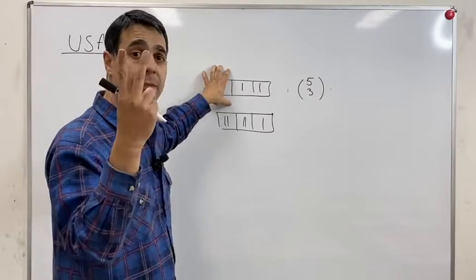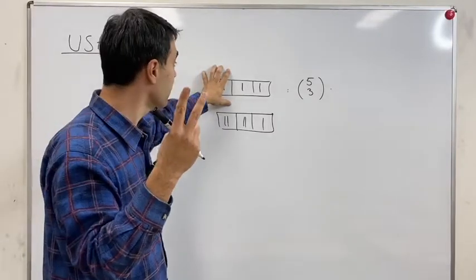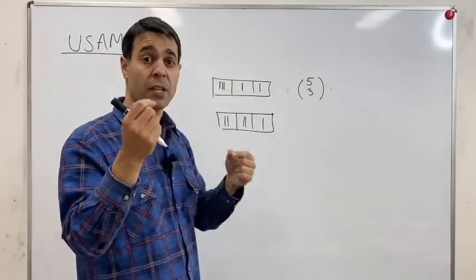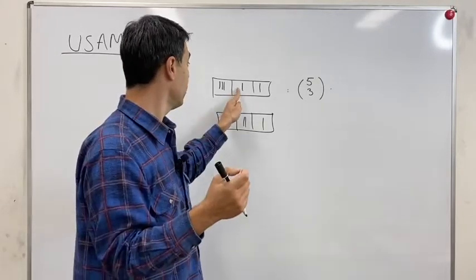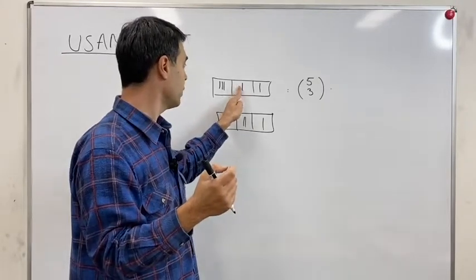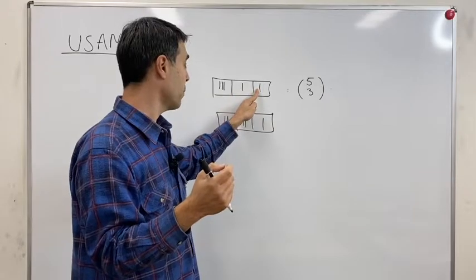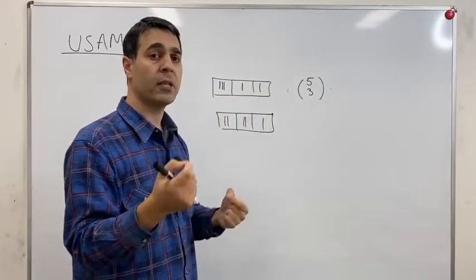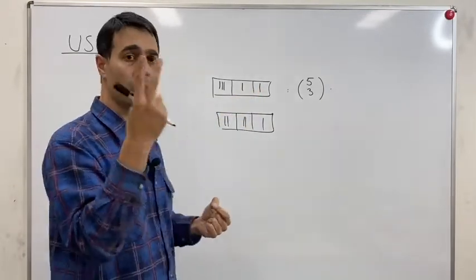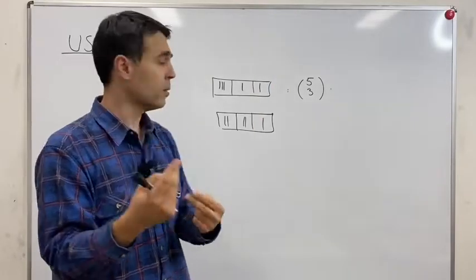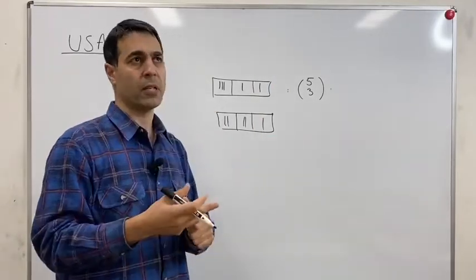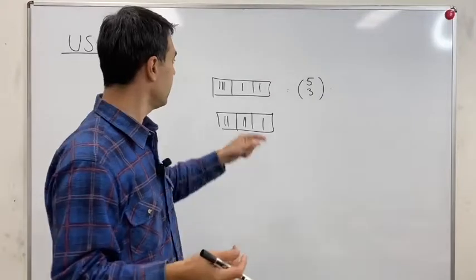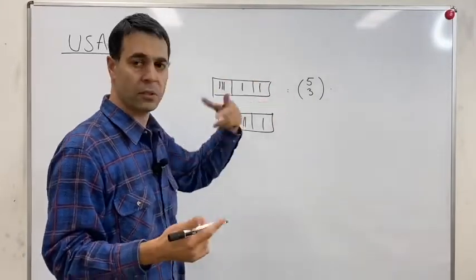Now you only have 2 candies left. In how many ways can you give those 2 candies to kid number 2 and kid number 3? Both of them have to get a candy. So 2 candies, 2 kids, 2 ways. As an example, if there is a red candy and a blue candy, you can say red blue or blue red. It's just 2.